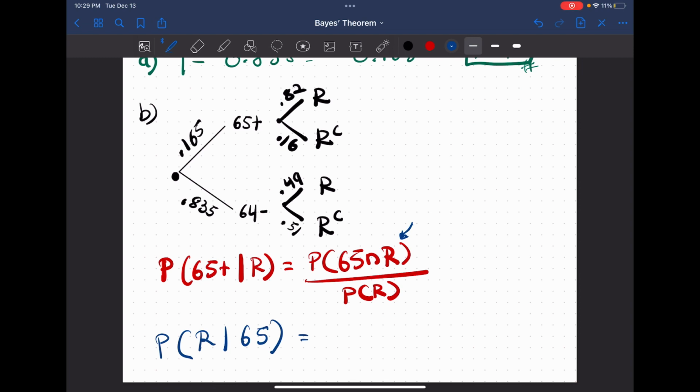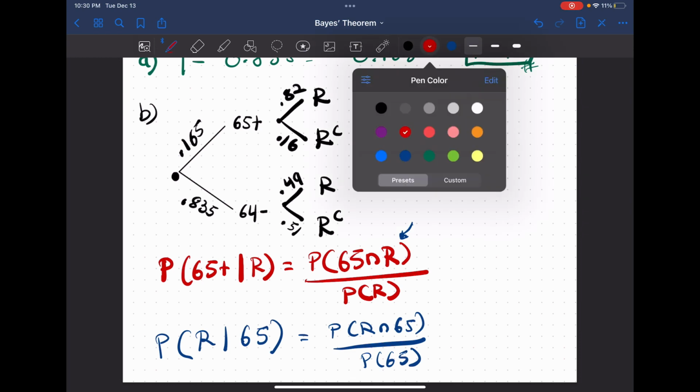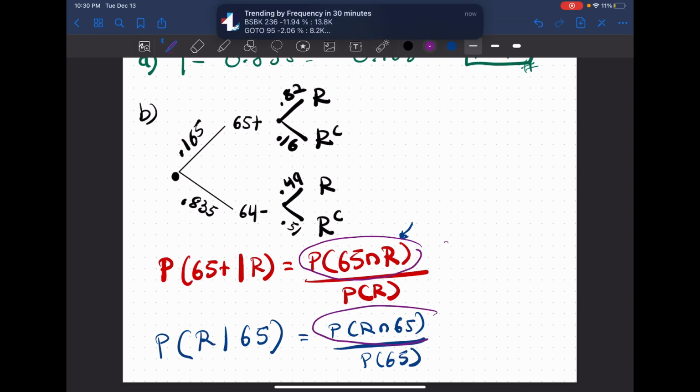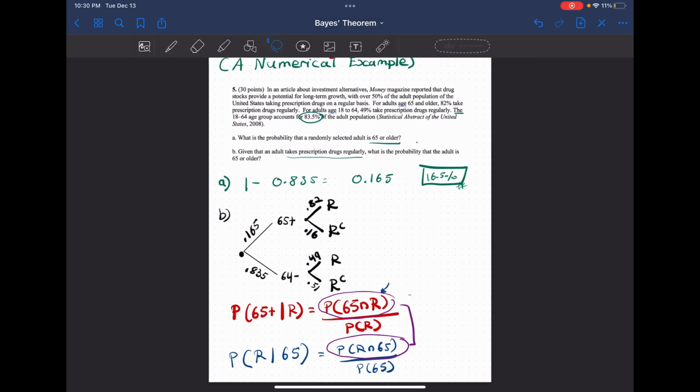The formula for that, by conditional probability also, is this, right? So now we observe similarities here. Some people might miss this, but notice that the numerator here and the numerator here is actually the same thing, right? So we could actually manipulate the equation by substituting.